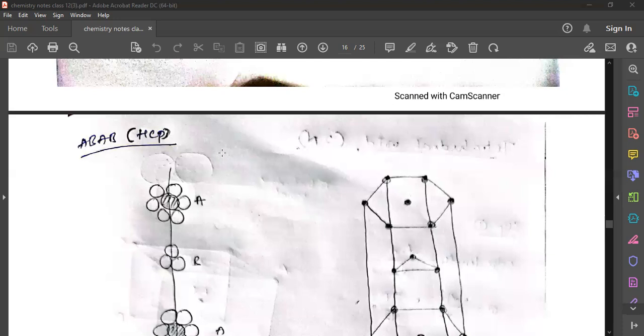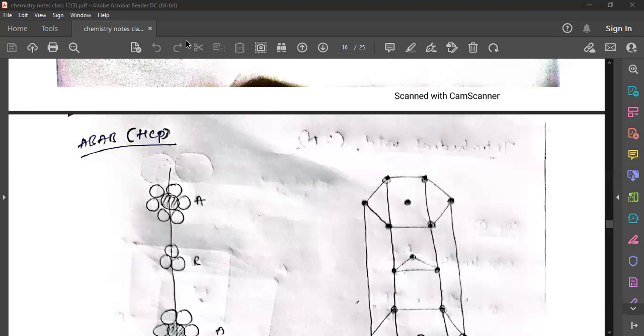HCP and the CCP. What is the HCP? What is HCP? Guys, answer. Vishwanath.